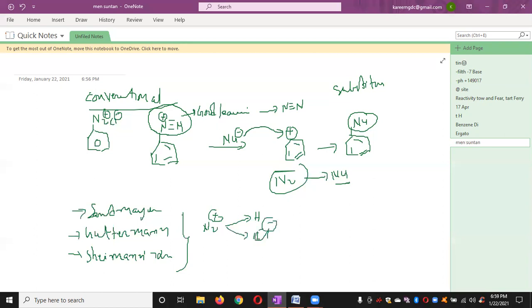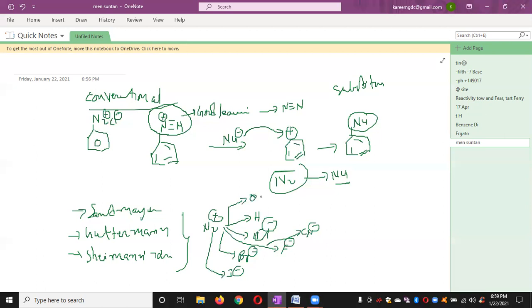This Cl minus can be introduced by either the Sandmeyer reaction or the Gattermann reaction, or else it can be substituted by bromide, by iodide, by F minus, by CN minus, and also by OH minus.